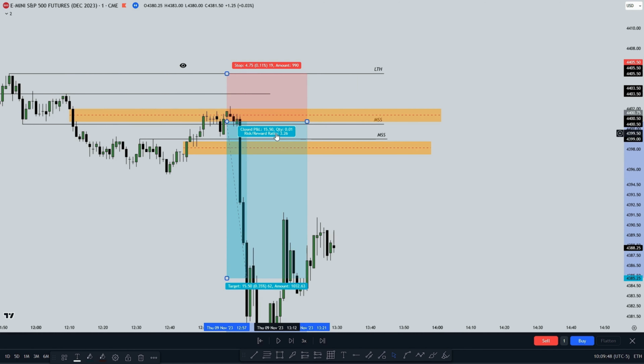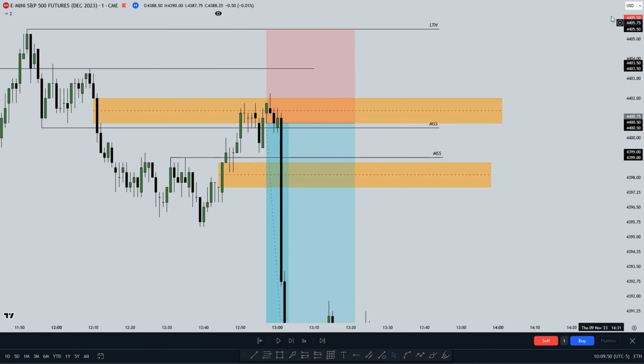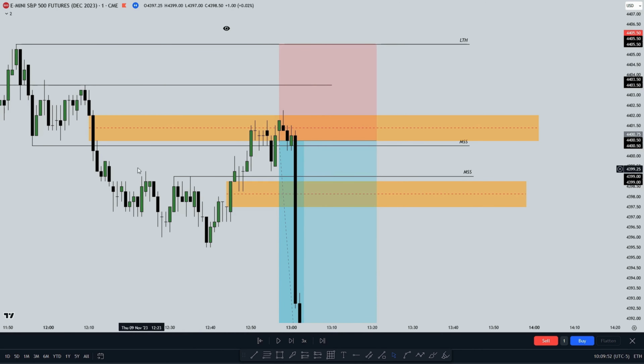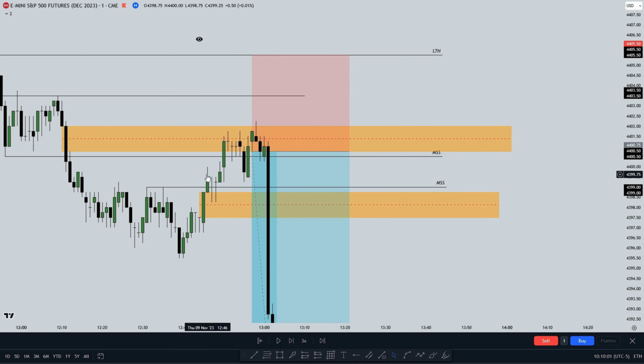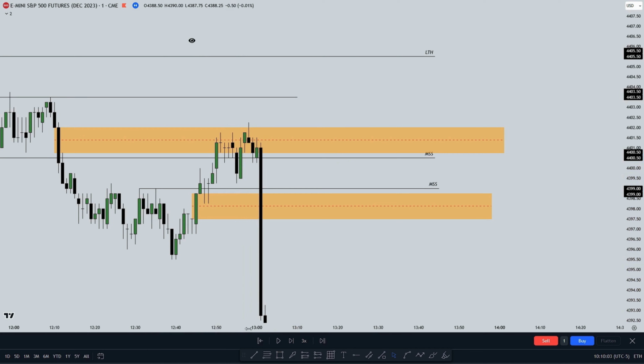Let's create a free risk reward ratio. And the range from this market structure shift to this market structure shift, there's low resistance. As you could see, it's easy for price taking out the highs that are formed.